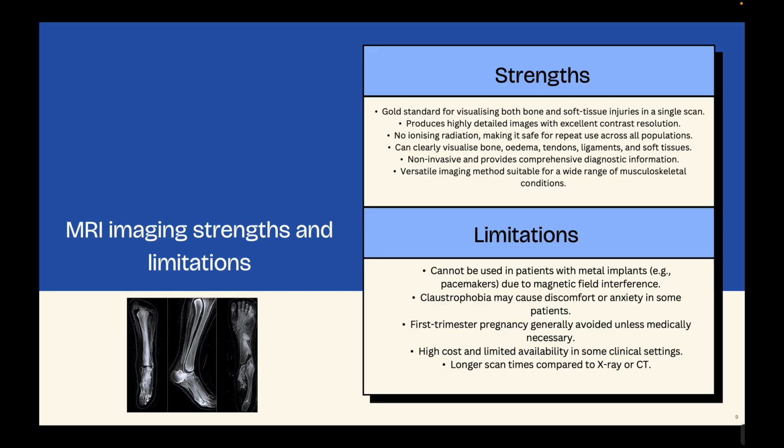Claustrophobia may also be an issue, as the enclosed scanner environment can cause anxiety. Additionally, it is generally advised that women in the first trimester of pregnancy avoid MRI scanning unless absolutely necessary. Availability can sometimes be limited, and the cost remains high. Through recent advancements, this has improved both accessibility and affordability.